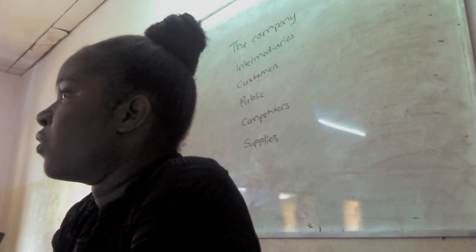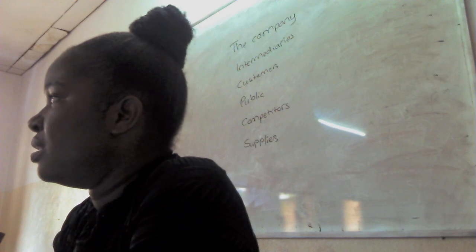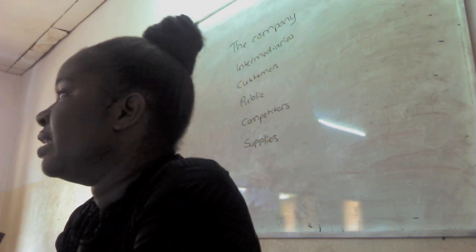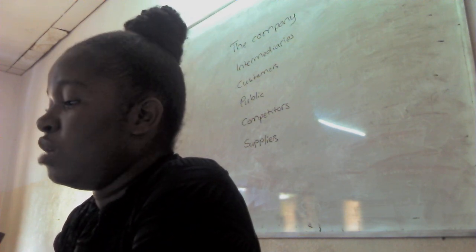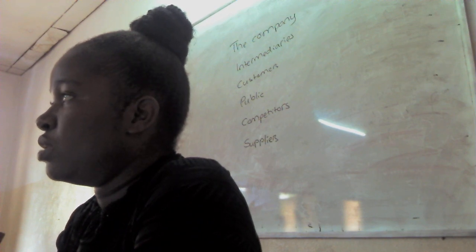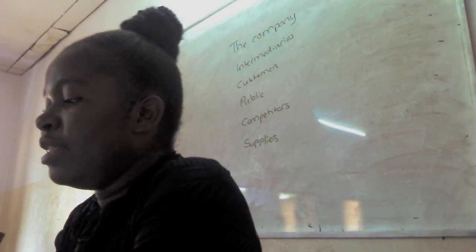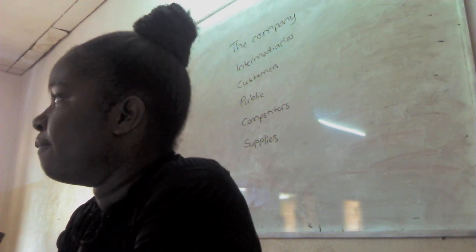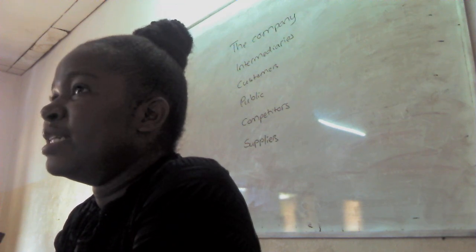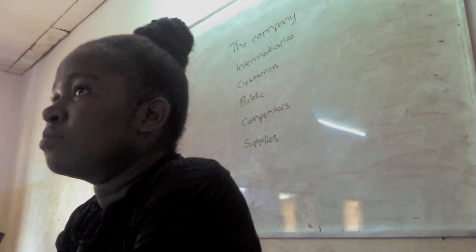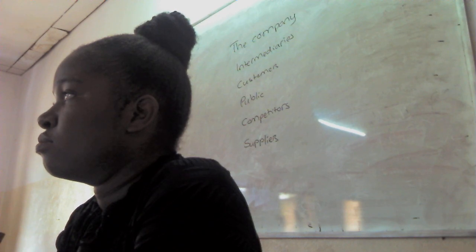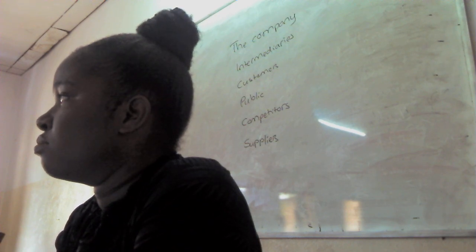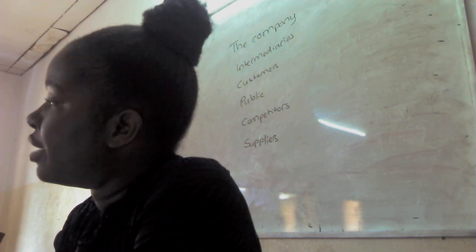So if the company has other partners that are affecting the business, it may affect the operations. That's what you said. Okay, that is possible, yes. Any other ideas? All right, Gertrude.